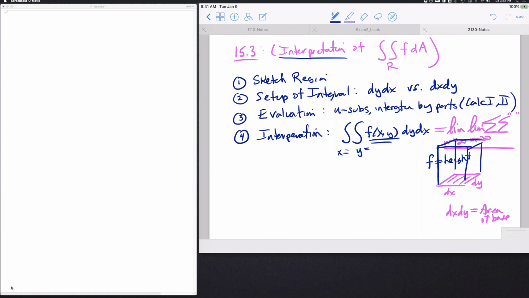So this leads us to an interpretation: what if the function was equal to 1?